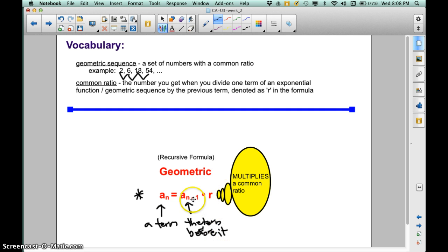You can see that we take the term before it, we multiply by r, the common ratio, and what it's equal to is the next term. So remember that when you're looking at a sequence of numbers, if a sub n is some term in the middle, the next one is a sub n plus 1, and the one before it is a sub n minus 1. And so in between, these are just term numbers in sequence.